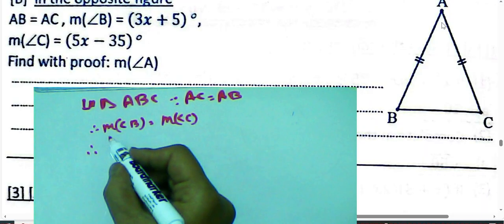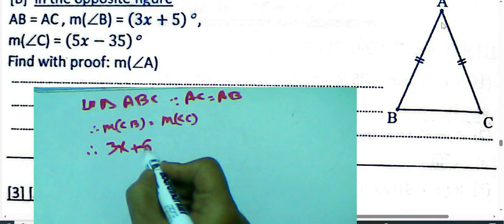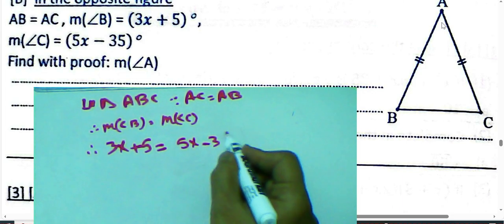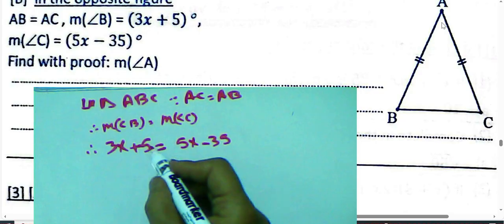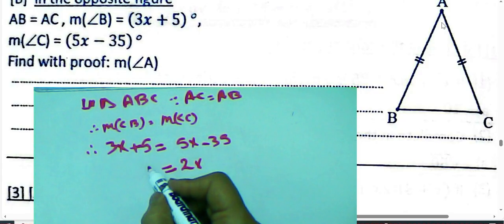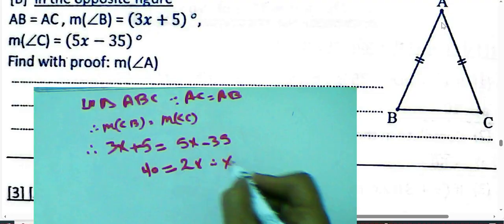The measure of angle B was 3x plus 5. Angle C equals 5x minus 35. Then we can move: 5x minus 3x equals 2x, and 35 plus 5 equals 40. Then x will be 20.